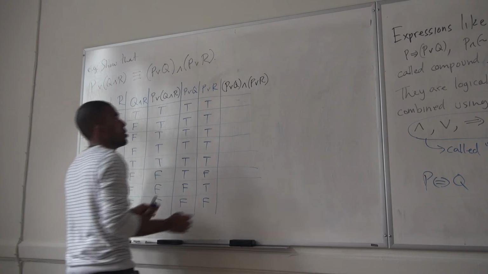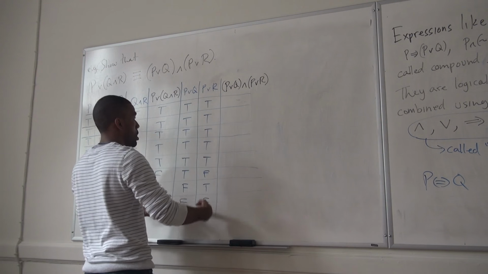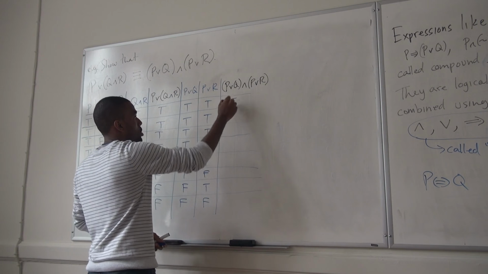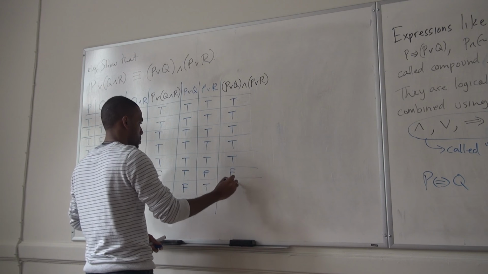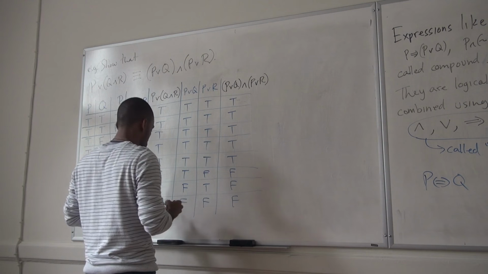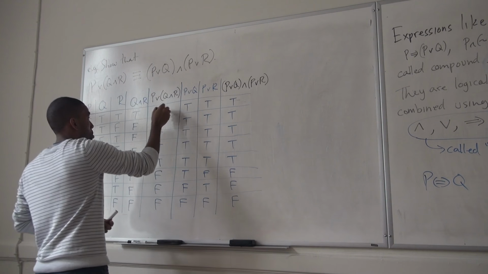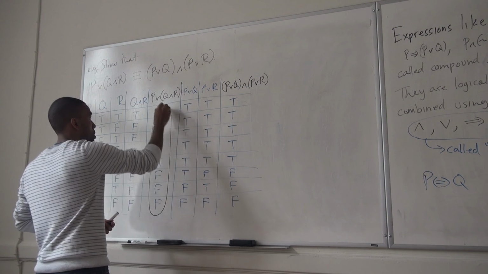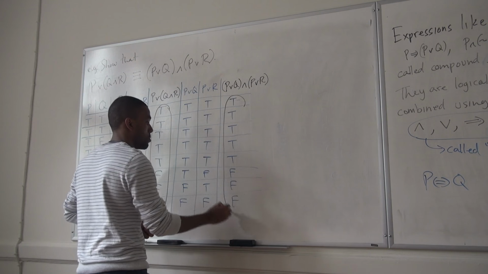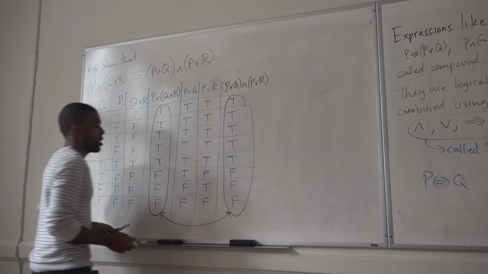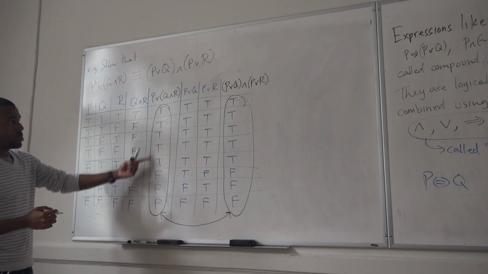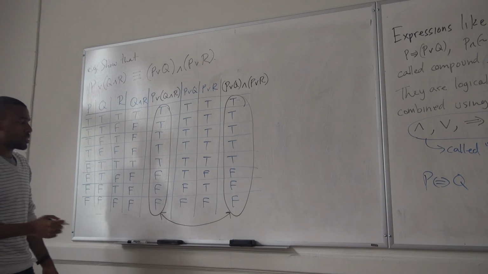And so now I'm doing AND for these two columns. So it's going to be true, true, true, true, true, false, false, false. And then what you do is you compare these two columns here, which are the statements in question. And you'll see they give you true all the same times and they give you false all the same times.